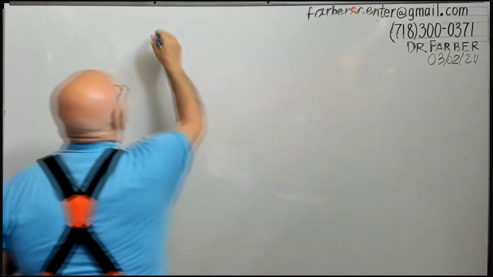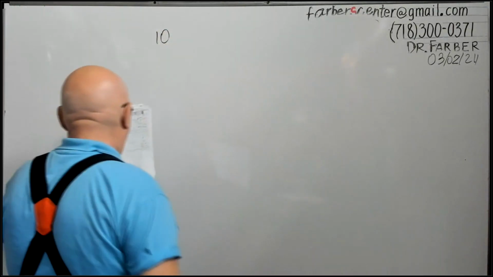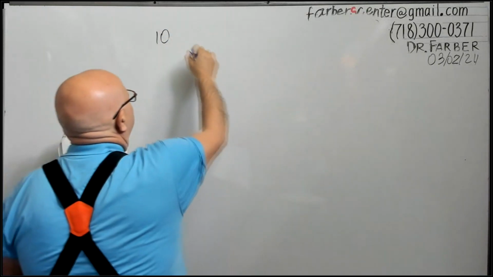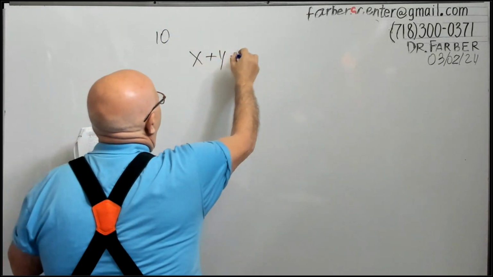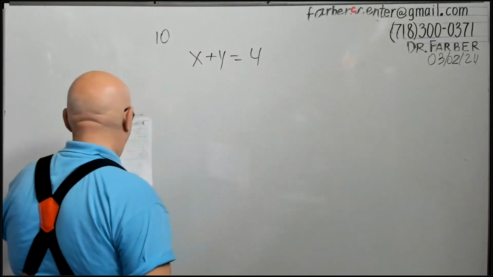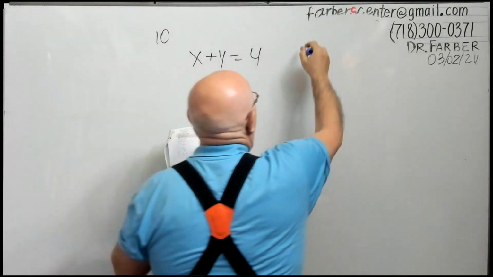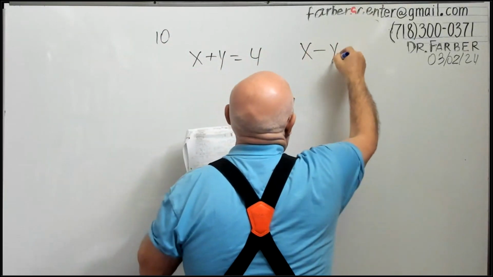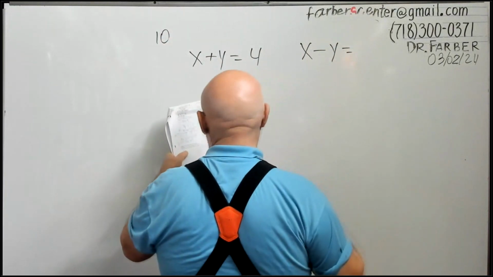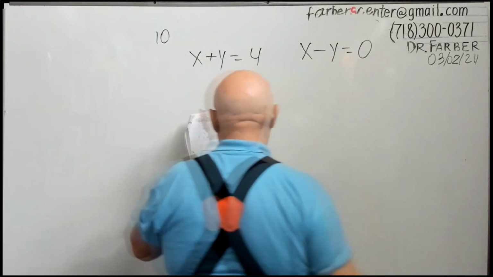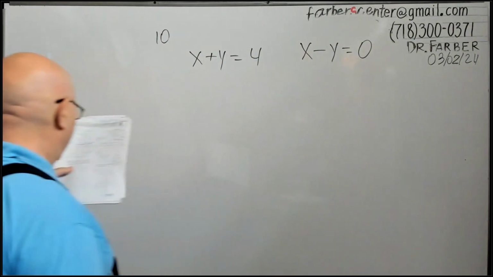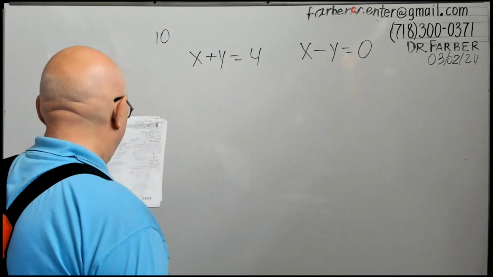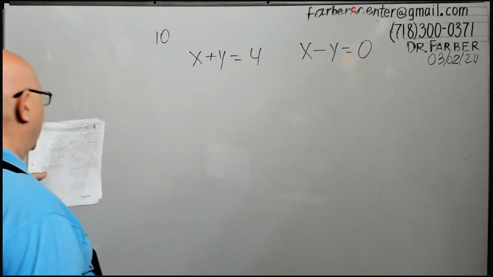Number 10. You have x plus y equals 4. And x minus y equals 0. Which of the following corresponds to the system of equations above?